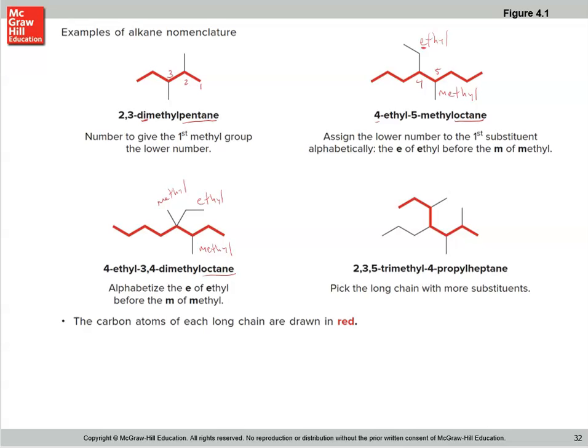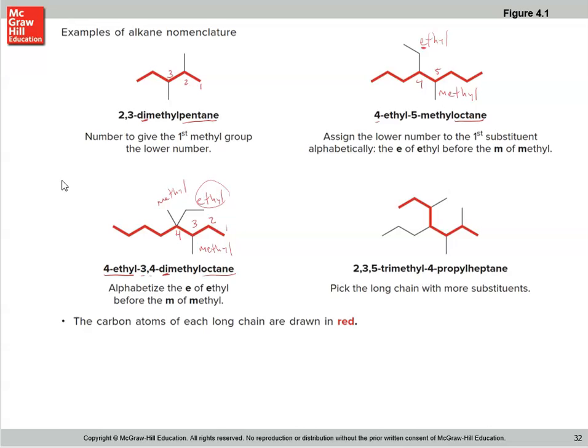Ethyl comes alphabetically first, but we're going to count from the back end, 1, 2, 3, and 4. That's all we need to number, because then we can put those together. So we're going to have the 4-ethyl and a 3,4-dimethyl, because there are two of them, octane.